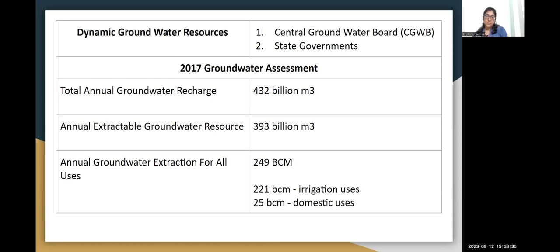Around 89% is consumed for the purposes of irrigation, and only around 10% is covered for domestic uses. These are, as per the latest reports available, which happened in 2017 or 2019, I'm not sure, but yes, this is the groundwater assessment statistics of the available annual groundwater.